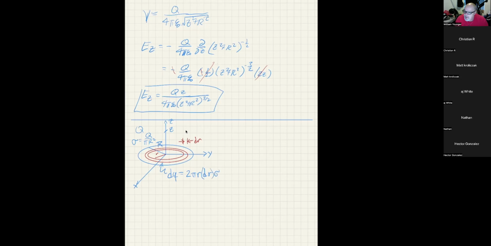You could actually make this a little easier on us by finding how much charge is actually in that little ring. What we're doing here really is taking the area of a circle of radius (R plus dr). So that area of that circle would be pi (R plus dr) squared, minus the area of the inner circle whose radius is r.